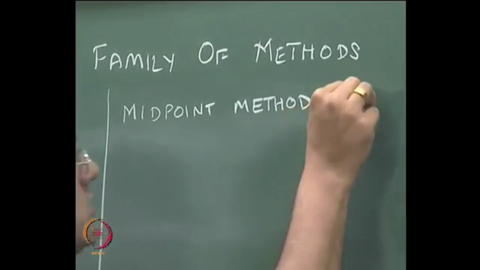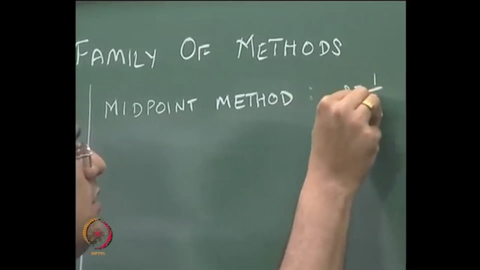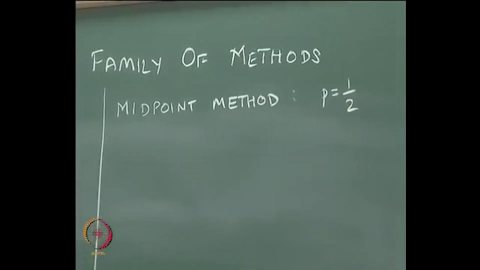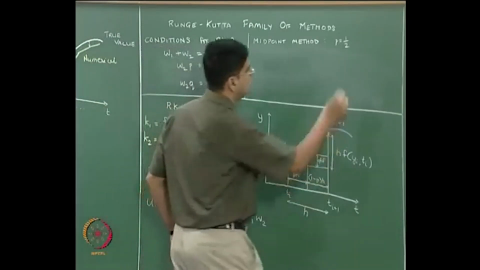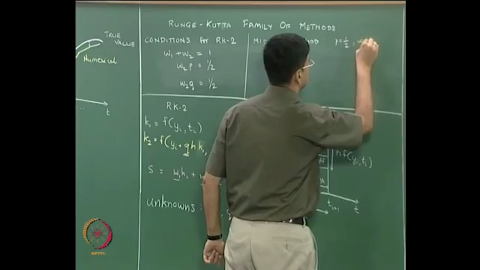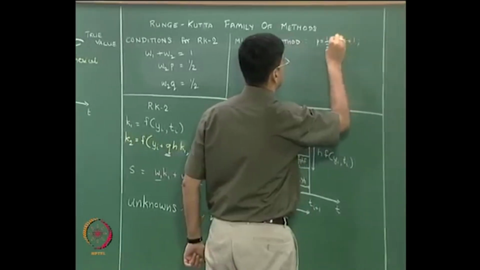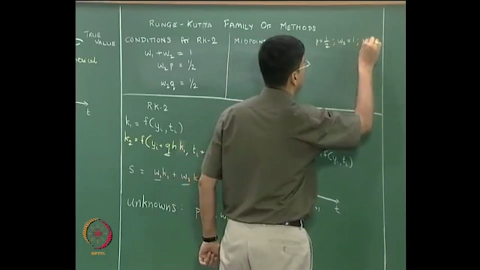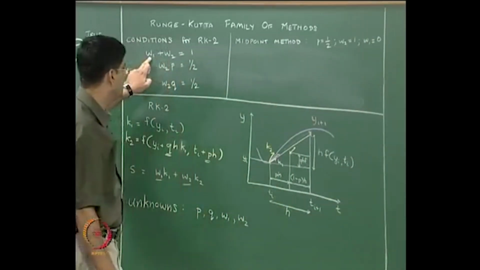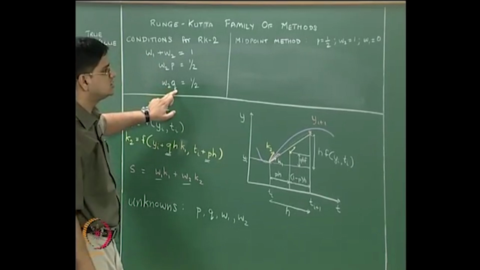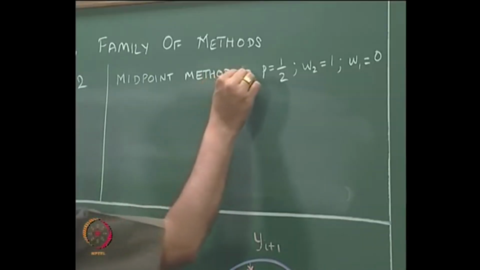So for the midpoint method, what we chose was P equal to half. When we choose P equal to half, our W2 is going to be equal to 1, okay, and our W1 is going to be equal to 0 from this particular equation, okay, and our Q is also going to be equal to half.